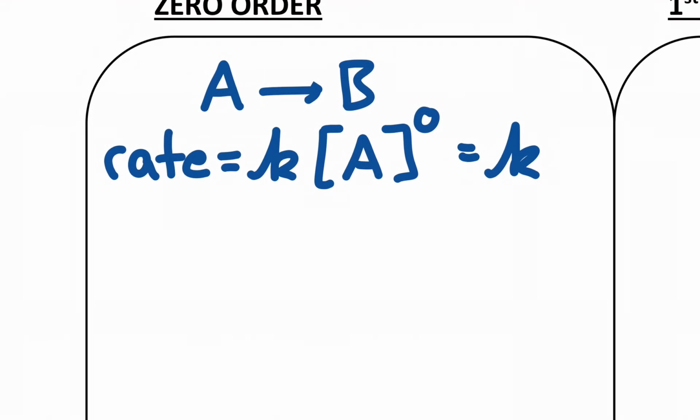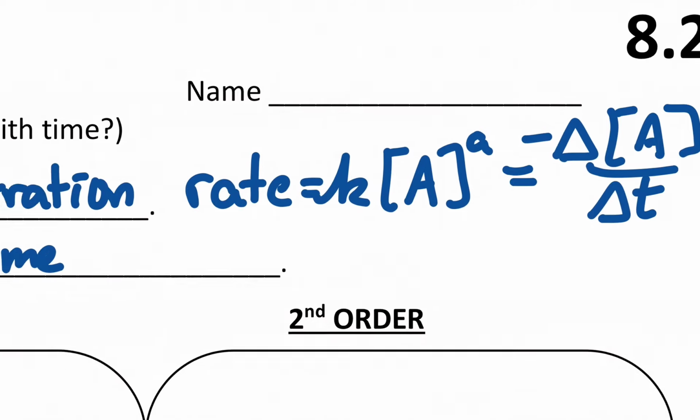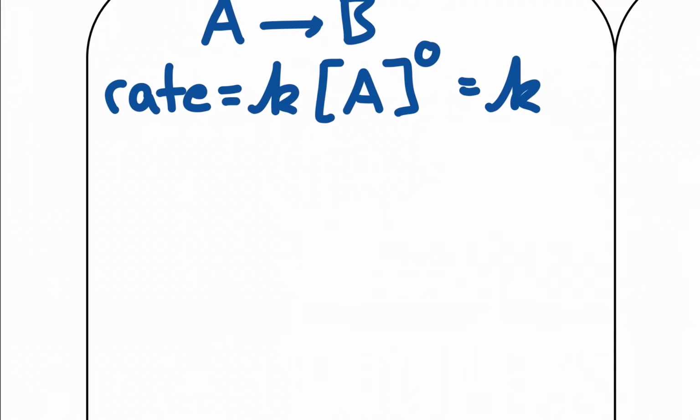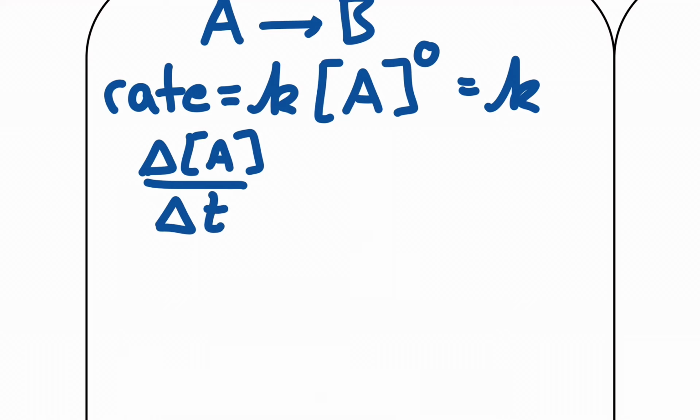Now I'm going to rewrite that word rate as a depletion of reactant. Really, when I wrote that up here, it's really the negative of the change in amount of reactant per time, because reactants decrease as time goes on. So if I write change in concentration of A per change in time and put a negative sign in front of it, that's what is equal to k.